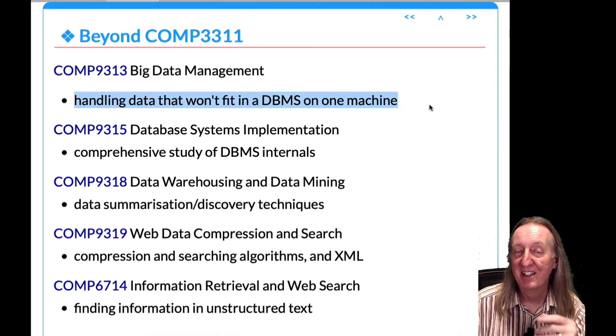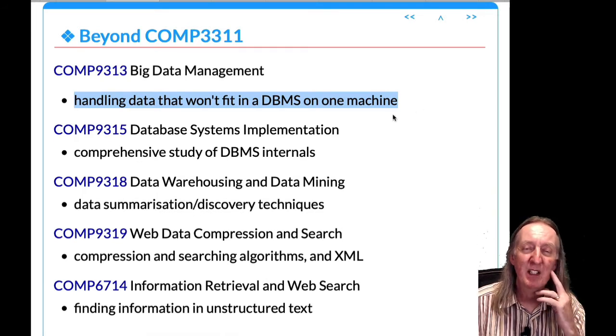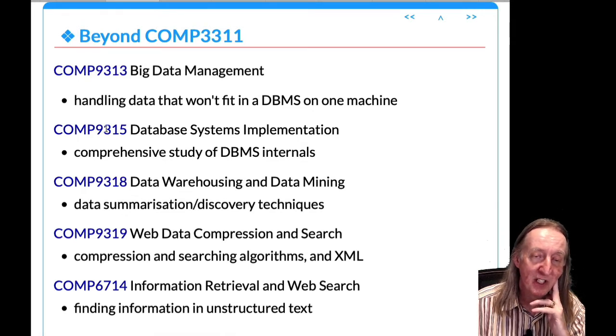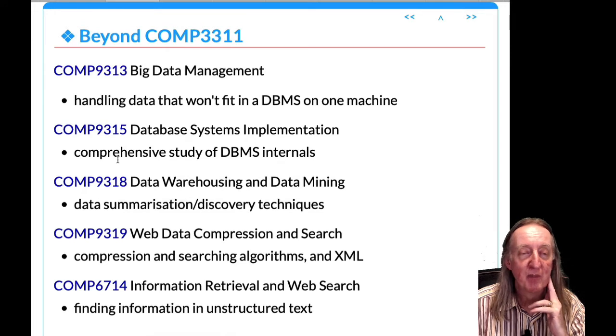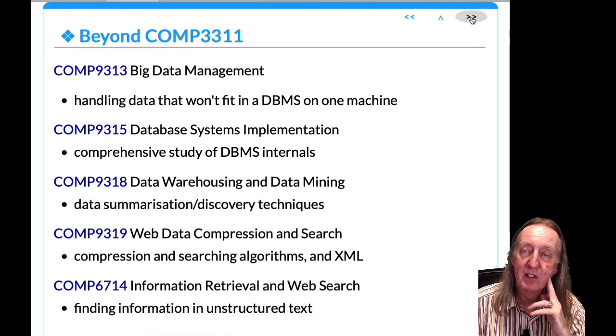I mean, that's what you'd think big data was, but they're actually talking more about analytics and things like that in that course. 9395, hey, that's a magnificent course. Runs in term 1 next year, taught by me. And there's these other courses as well.